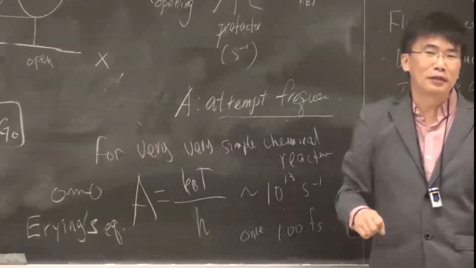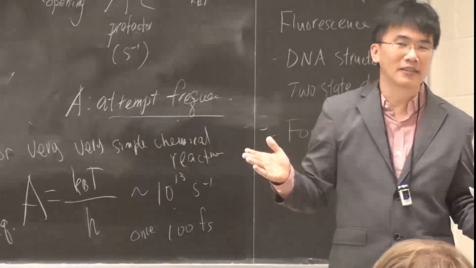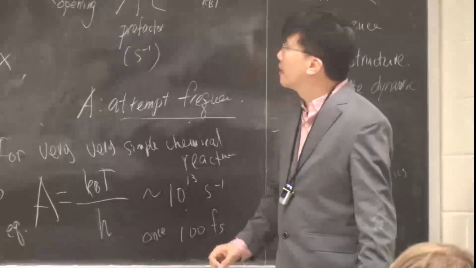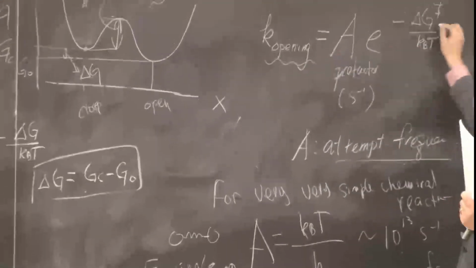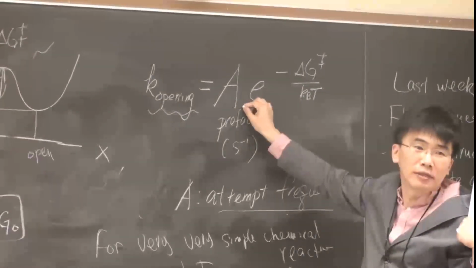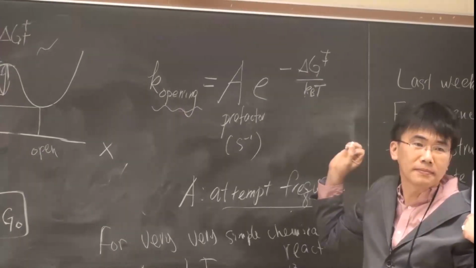But it doesn't really work for biological molecules, because the molecules are much more complex, okay? And they're in water and so on. So what it means is that even if you can measure this, you cannot determine what the free energy barrier is, because in most cases you don't know what the prefactor A is.